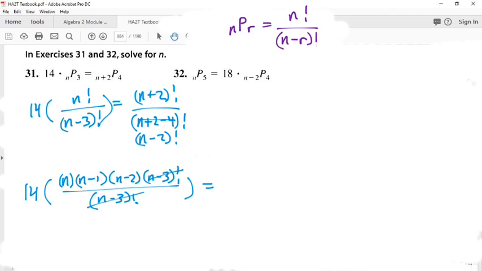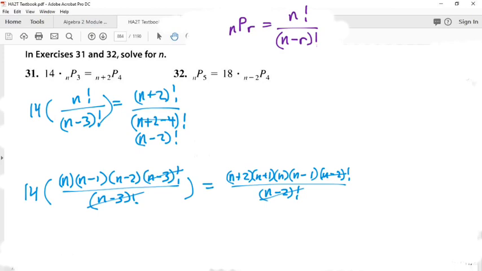Okay, here we go. I'm going to expand the top: N plus 2, N plus 1, N. Or I could say N plus 0, but I'm not going to. I'm lazy. N minus 1, and then N minus 2 factorial, divided by N minus 2 factorial. Those get to cancel out now.